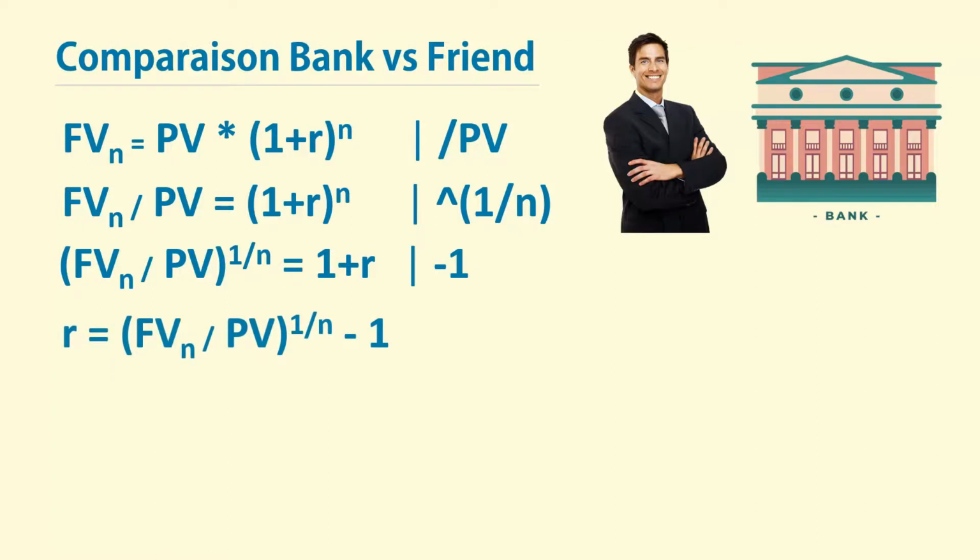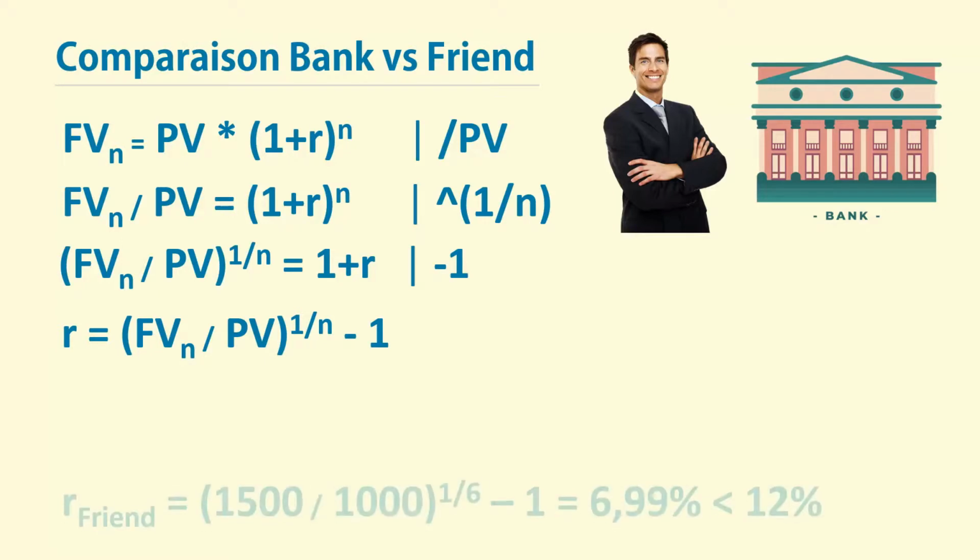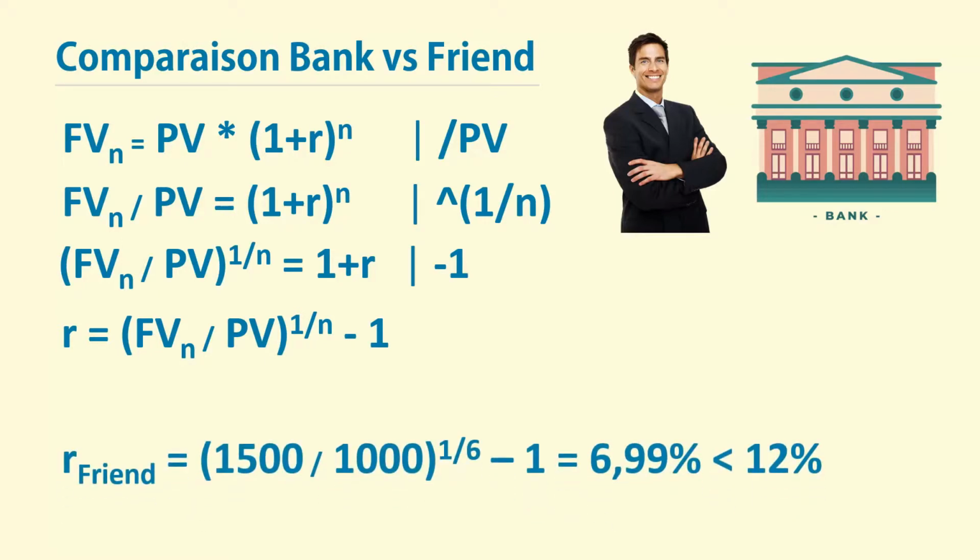So we get R is (future value divided by present value) to the power of 1 divided by n, minus 1, which is (1,500 divided by 1,000) to the power of 1 divided by 6, minus 1, which is 6.99%, which is almost half of the rate of return of the bank.